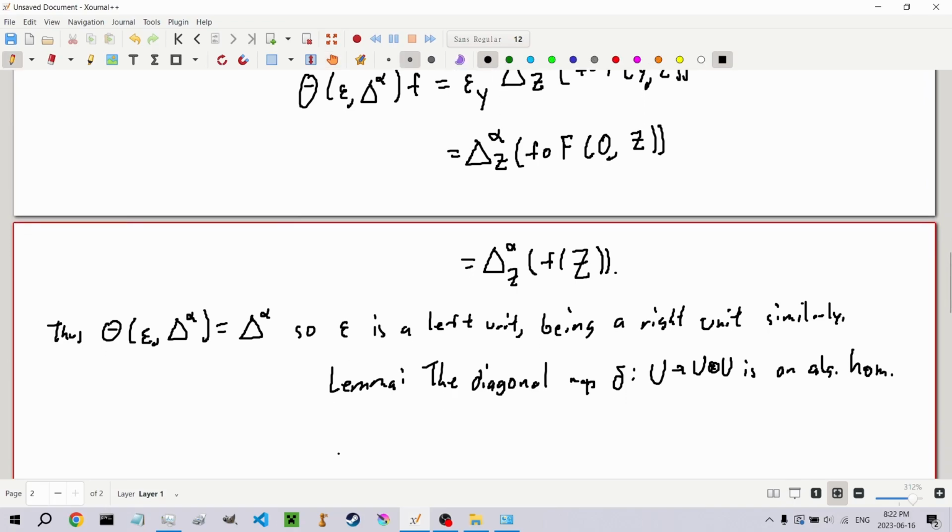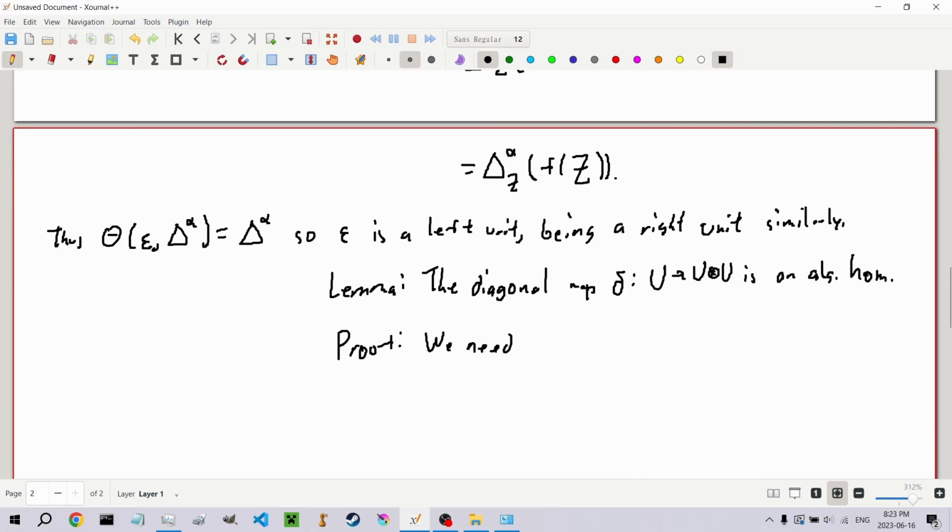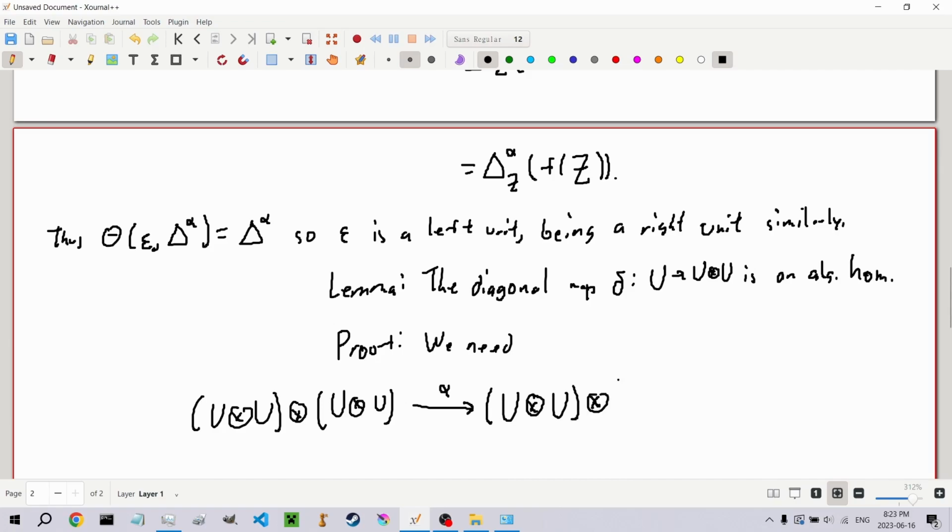And for proof, we need a diagram to commute, which is a very complicated one. So we have U tensor U tensored with itself. We can send this by alpha, which we're going to define in a sec. Alpha is the braiding map for the middle two U's. I'll write down at the bottom in a second.